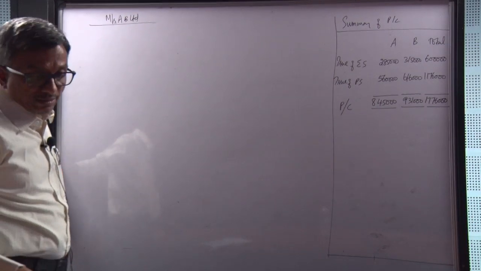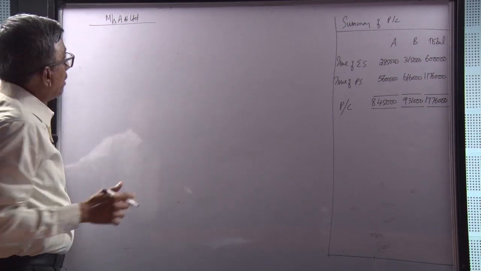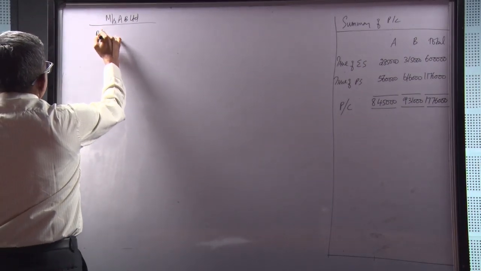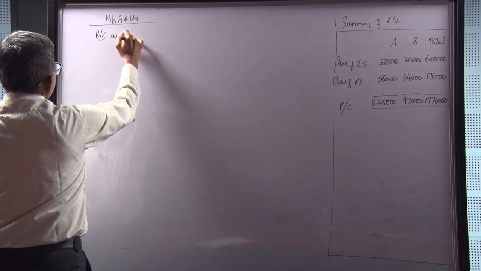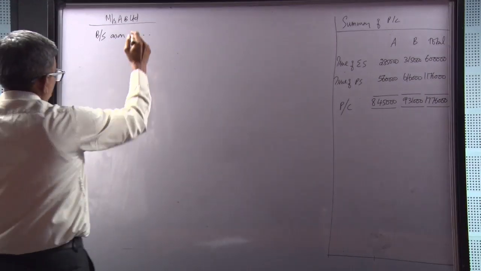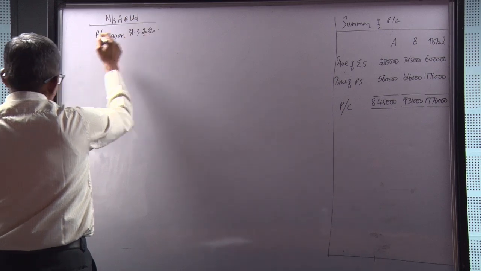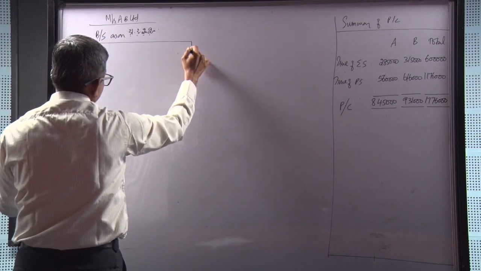So name is given, AB Limited. Balance sheet as on 31/3/2020. That's what you can identify from the question.